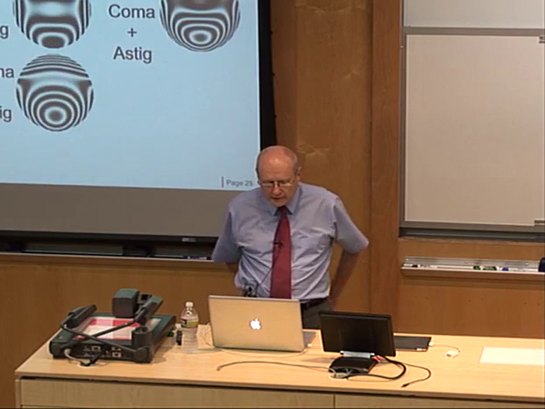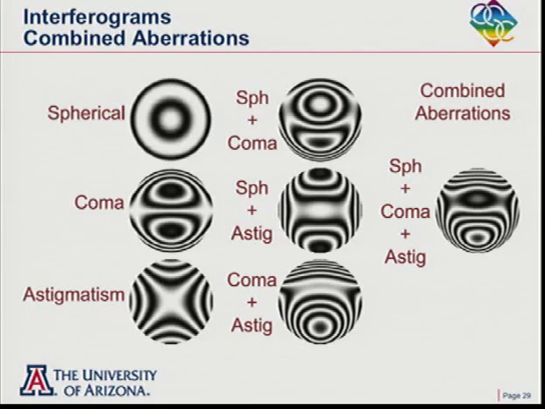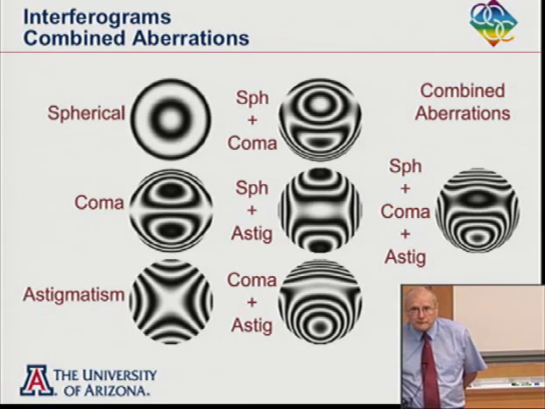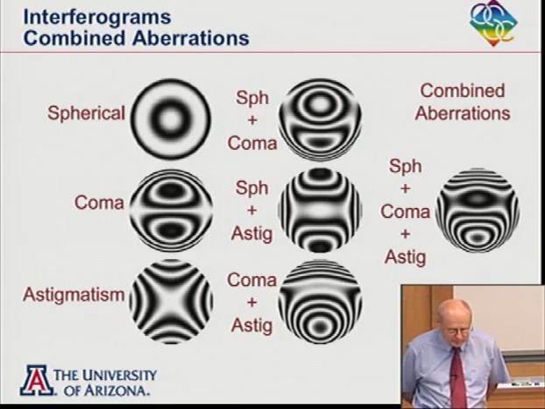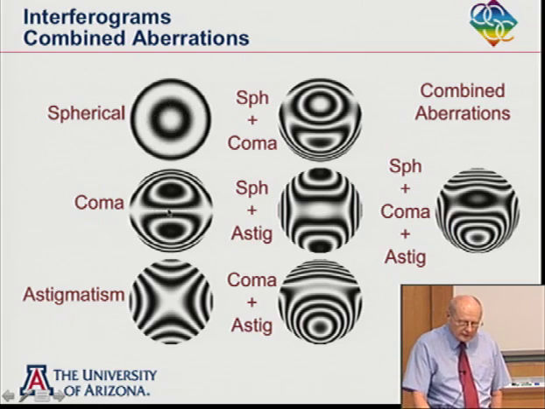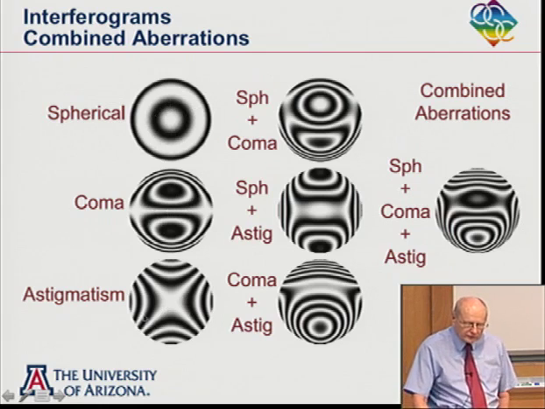The last slide I have on this shows combining different aberrations. This is a pattern for spherical with a certain amount of defocus. And this is, again, our pattern for coma that we've seen. And this is our pattern for astigmatism. Just looking at these, you know right away what the aberrations are.